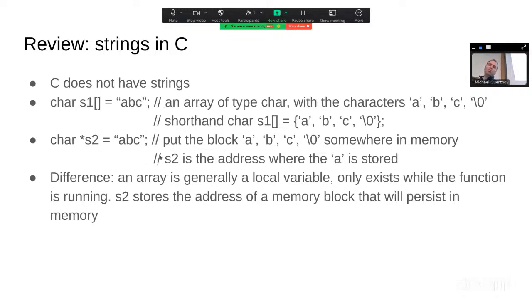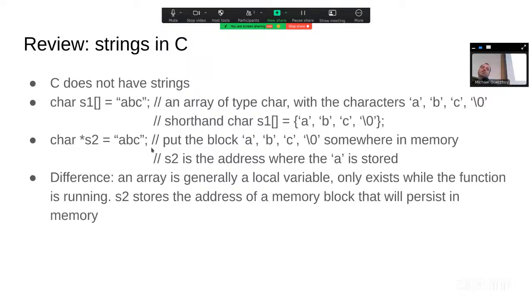This looks almost the same, and this would compile, but this has an issue which we'll discuss momentarily. So this is more like what you have in Python, where you're saying S2 is going to represent the thing that's kind of like a string, right? And then put ABC somewhere in memory.